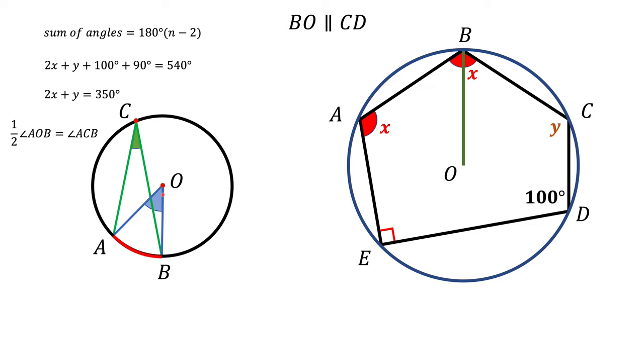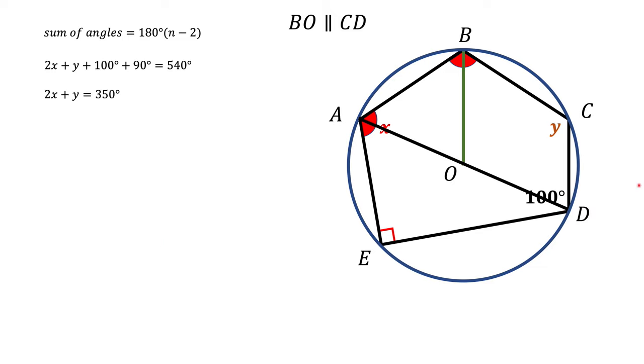In this case, the central angle has to be 180 degrees, and that means that A, O, and B are going to be on the same line, and that line is going to be a diameter. If you look at our picture, we do have an angle of 90 degrees here, angle E. And that means that points A, O, and D lie on the same line, and that line is a diameter.